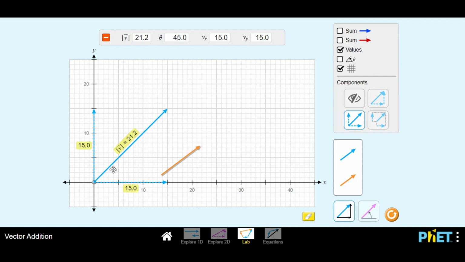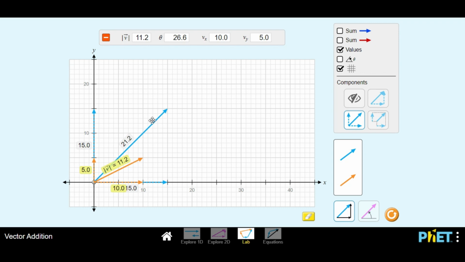I have another force, directed to this point, let's say. This second vector is 11.2. And when we find the vector component, we get 10 and 5: 10 in the x-axis, 5 in the y-axis.